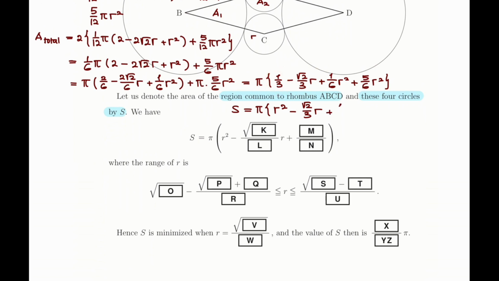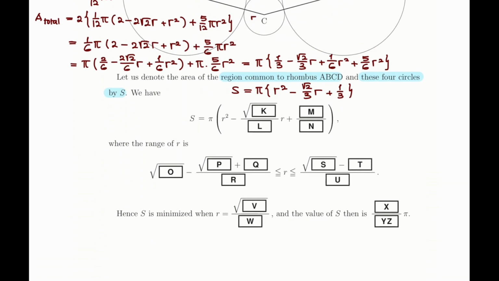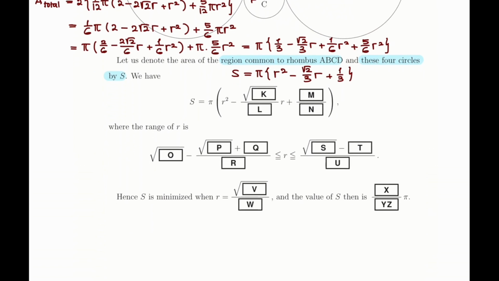This is our S, which is the area of the common region of the rhombus and those 4 circles. That means K is equal to 2, L is equal to 3, M is equal to 1, and N is equal to 3.